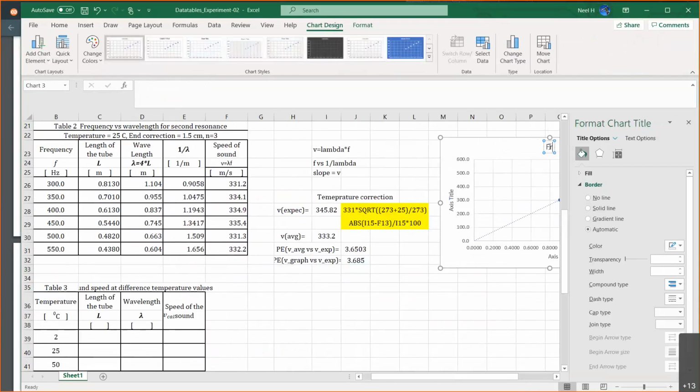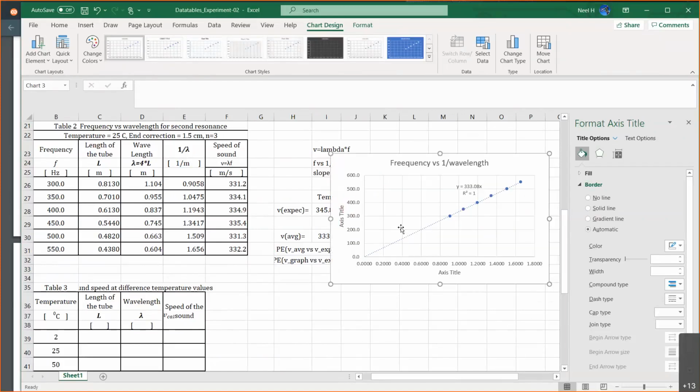Chart title: frequency versus 1 over lambda, 1 over wavelength. And then x-axis, 1 over wavelength, 1 over meters unit, and then y-axis is frequency.